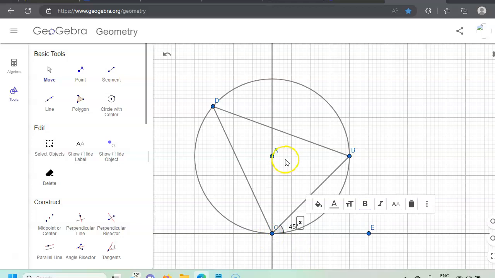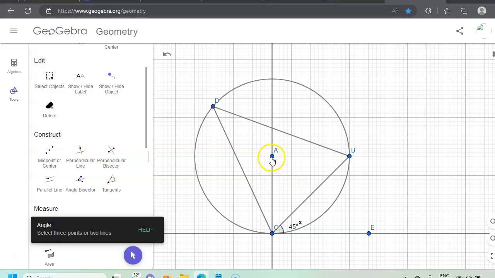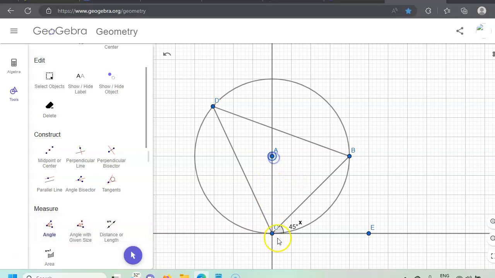And then we have radius AC, or line AC, that passes through the point of contact, and always that radius or that line that passes through the point of contact will be perpendicular to the tangent line. So we're expecting that angle ACE will be 90 degrees.